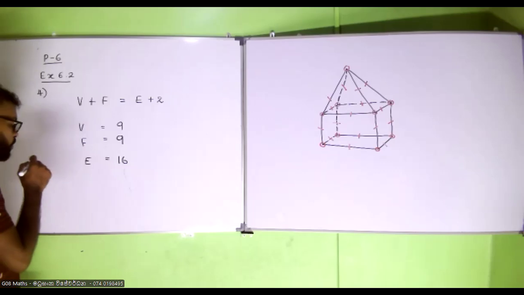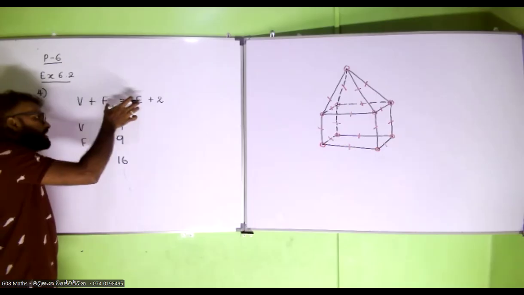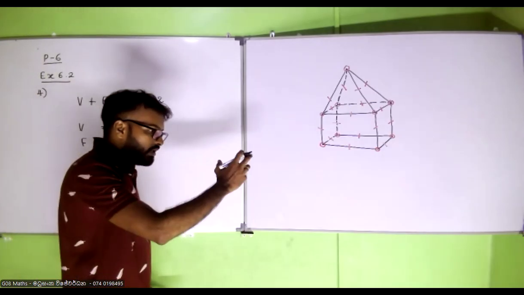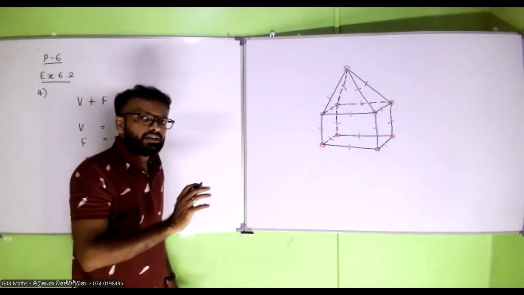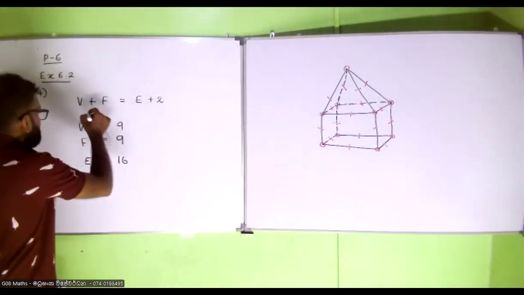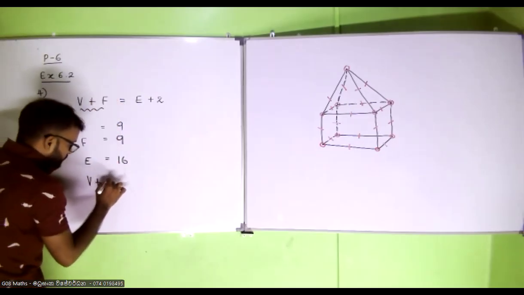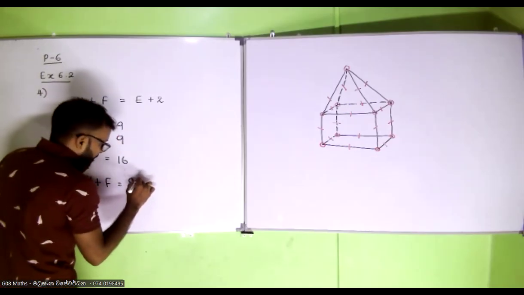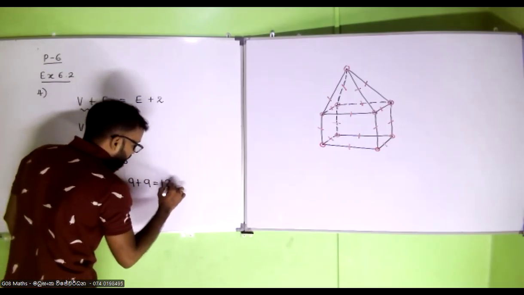Right. So now I am going to show whether my left hand side equals my right hand side. If those values are equal, Euler's relationship will be satisfied. If they are different, not satisfied. Right? So first of all, I will find V plus F. Vertices plus faces, 9 plus 9 equals 18.